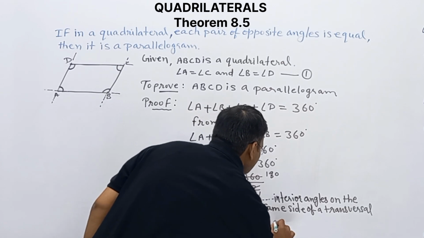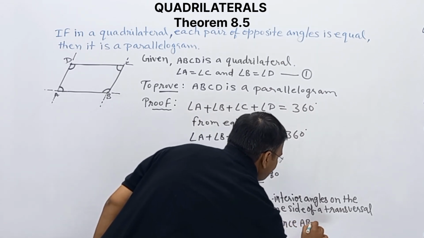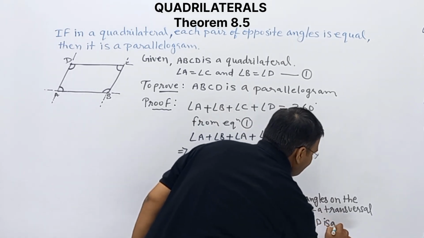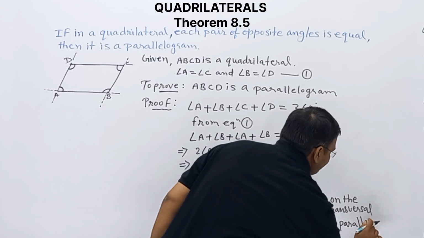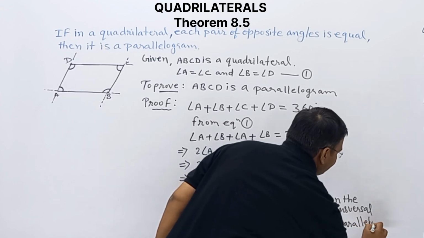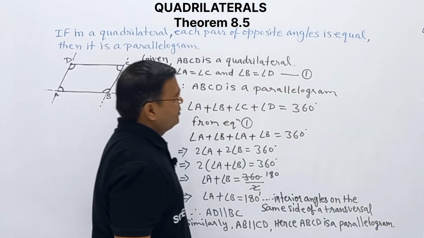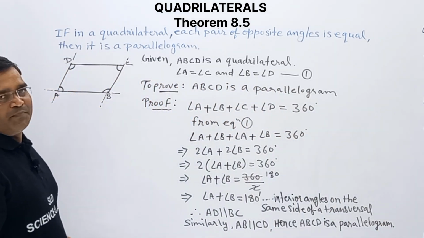Hence ABCD is a parallelogram. This thing we wanted to prove and we proved. Hence ABCD is a parallelogram.